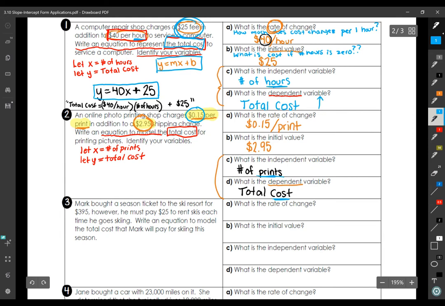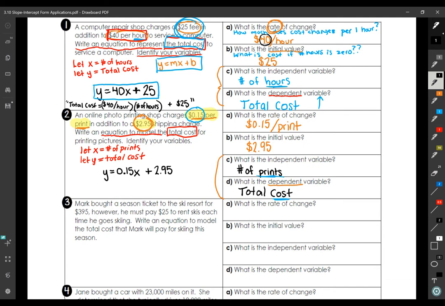So we're using what we've already figured out to create an equation. y equals, and remember, don't include units when you write the equation. y equals 0.15 times x plus 2.95. And there we go. That's my final answer.